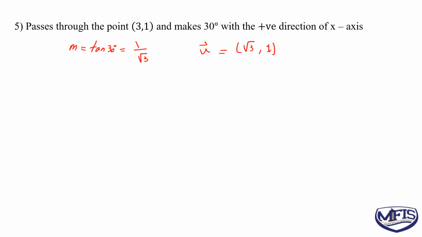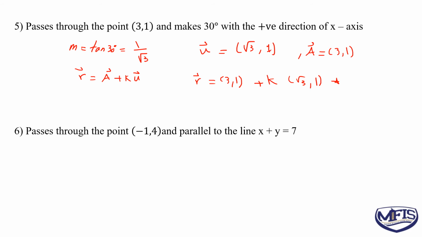So we can write the form r equals a plus k multiplied by u, and we have A represented by the point (3, 1). So r equals (3, 1) plus k multiplied by (root 3, 1).